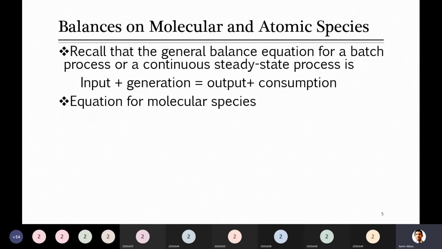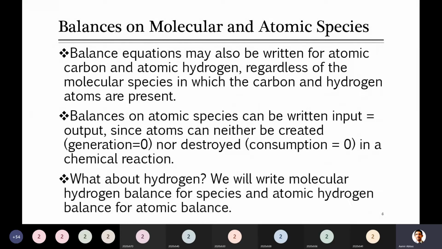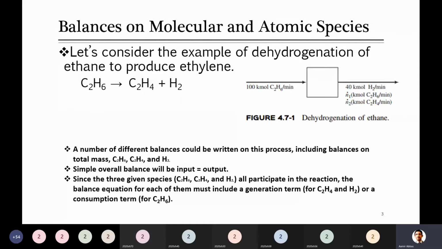So when I write the molecular species balance on the system we discussed, the system which was provided earlier in the example, this is the general equation which you have. Now let's write the balance for species. If I ask you to write a balance on C2H6, or hydrogen, first let's go back to that diagram. Look at this. Can you write the balance of hydrogen?